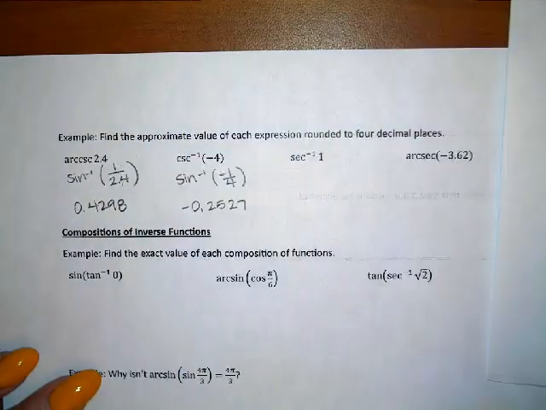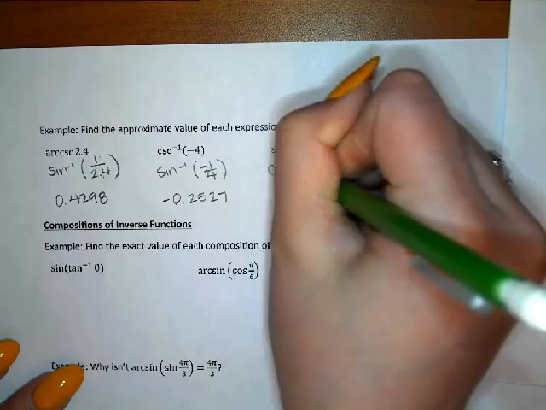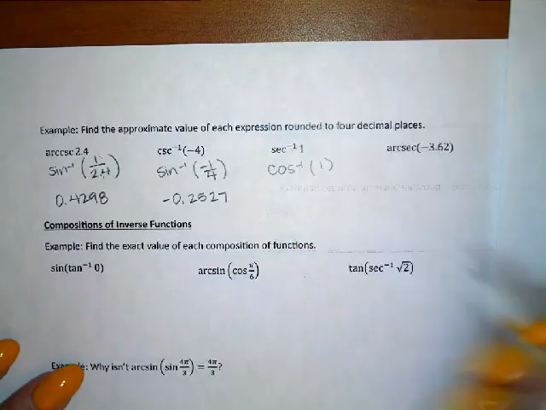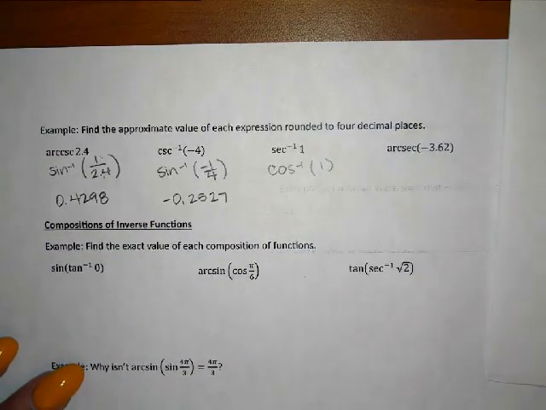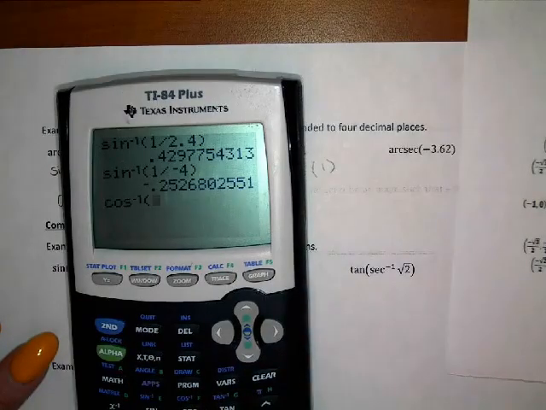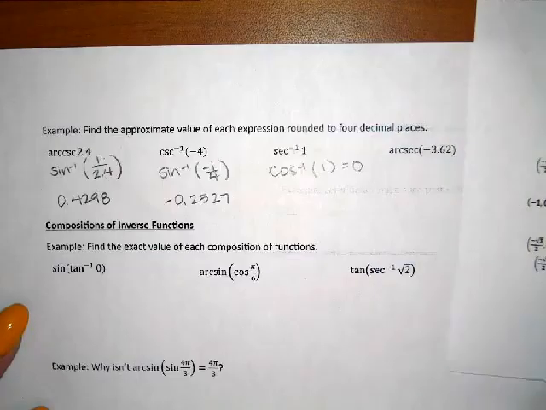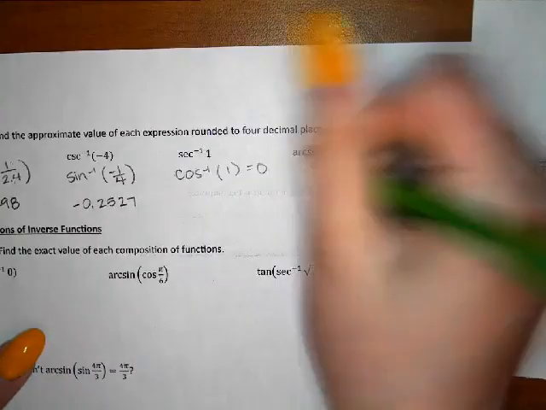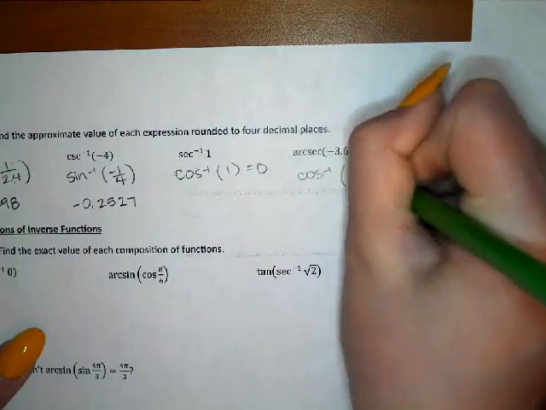Secant inverse of 1 is the same as cos inverse of 1, because 1 written as a fraction is just 1 over 1. So when I find the reciprocal, I'm still just going to have 1. So cos inverse of 1 is 0. And then arc secant, so we're going to do cos inverse of the reciprocal, 1 divided by -3.62.